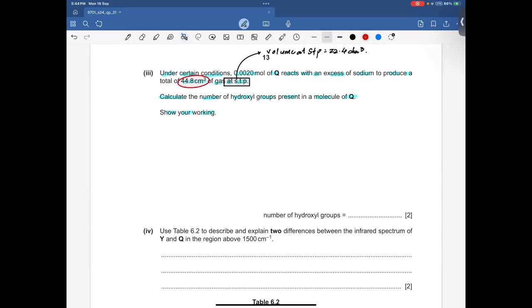Now we have the volume of gas. What we can do here is moles of gas equals volume of gas over molar volume.